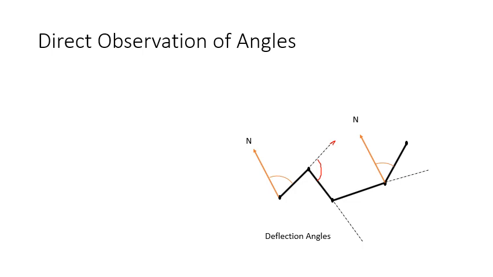That is called a deflection angle. How much is the deviation of the survey line from the preceding line? That can be measured, and it is called the deflection angle method. Here also you have to take the bearing of at least one survey line.